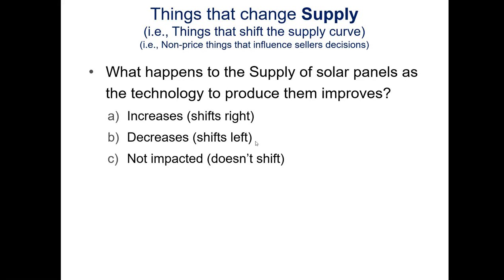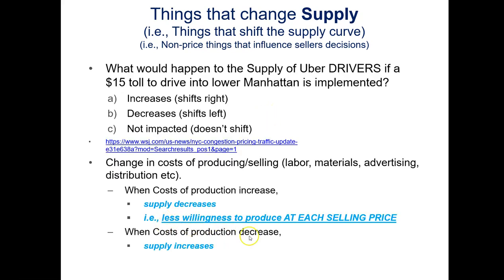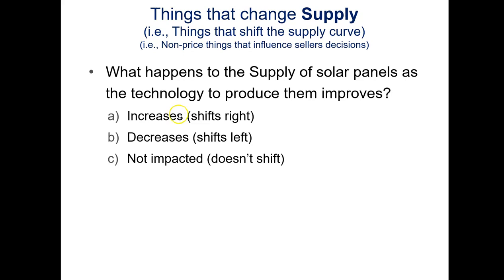Okay, what happens to the supply of solar panels as the technology to produce them improves? Well, that's a specific example of production cost decreasing. Typically, anytime technology is improving to produce something, supply is increasing.